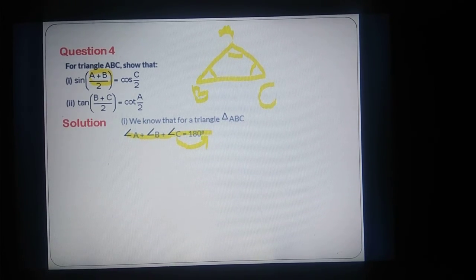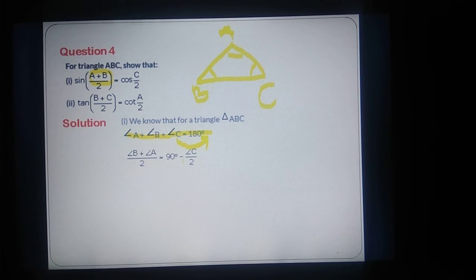If I take the C out there, I'll get A plus B is equal to 180 minus C, but we are interested in A plus B divided by 2. So if I divide both sides by 2, then I'll get (A plus B) divided by 2 equals 180 divided by 2, that is 90 minus C by 2.